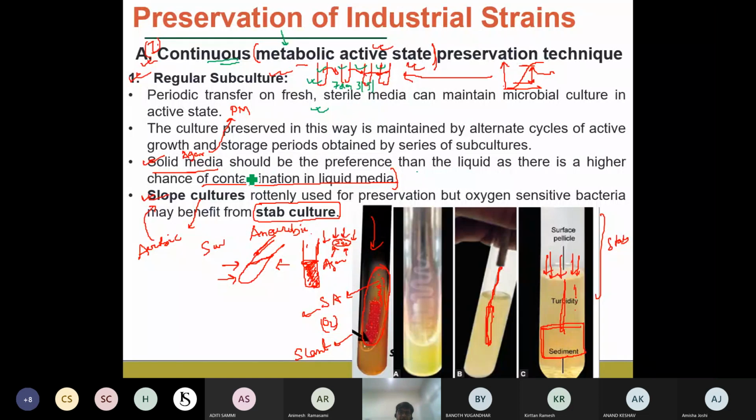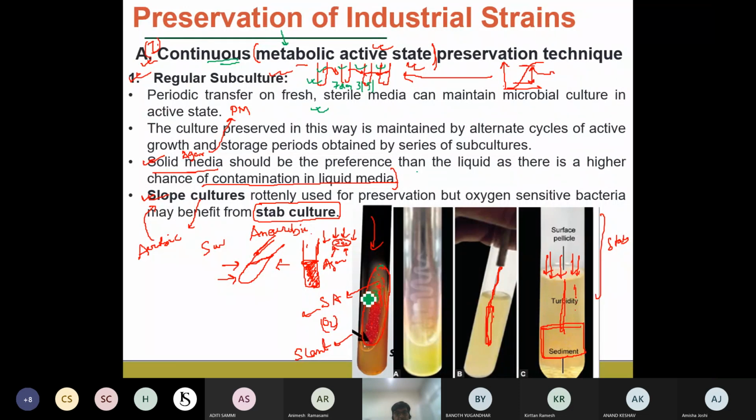To overcome that issue, we generally use solid media. In the case of solid media, we inoculate the cells onto solid agar.